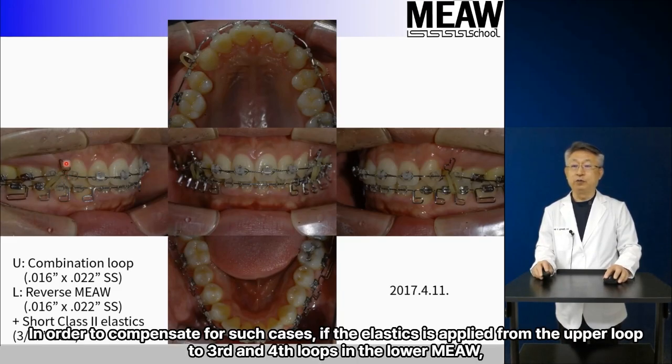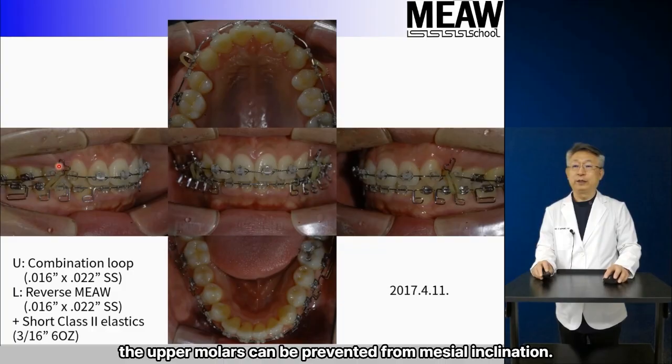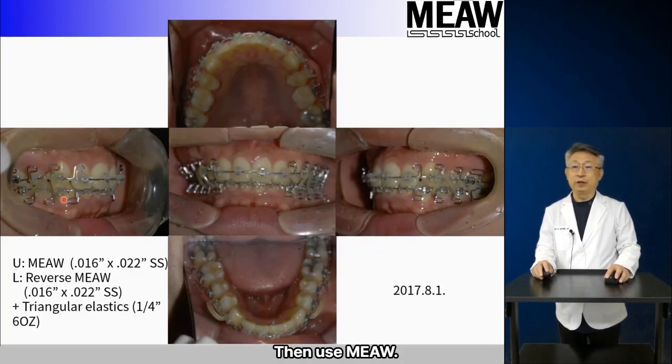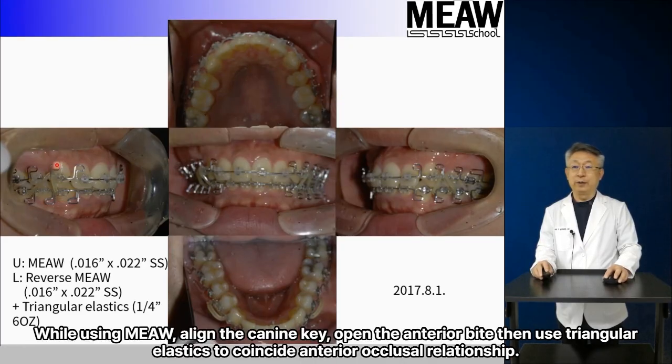In order to compensate for such cases, if the elastics is applied from the upper loop to third and fourth loops in the lower mouth, the upper molars can be prevented from mesial inclination. Then use mio. While using mio, align the canine key, open the anterior bite, then use triangular elastics to coincide anterior occlusal relationship.